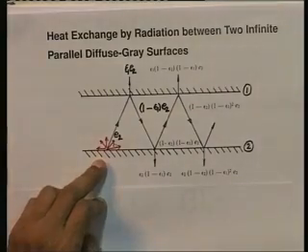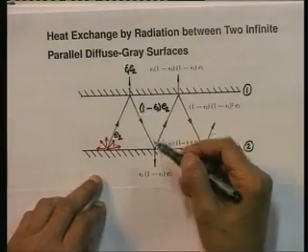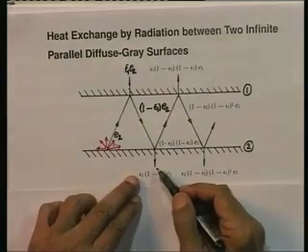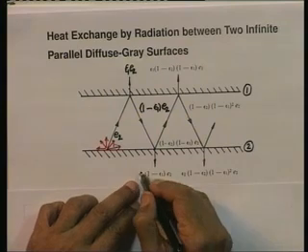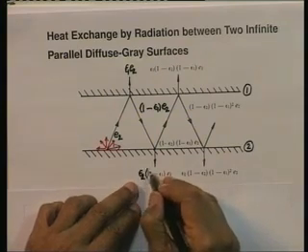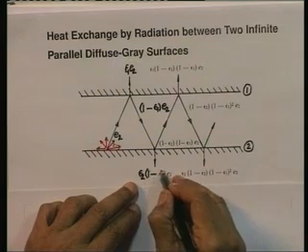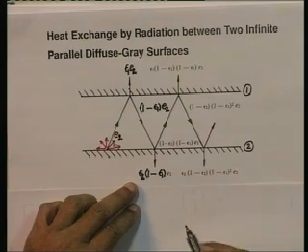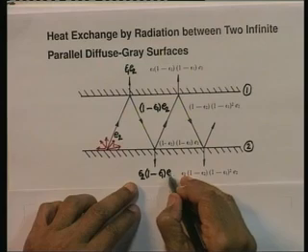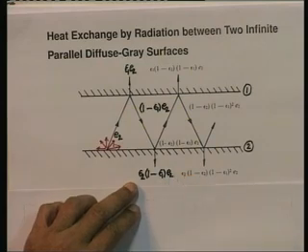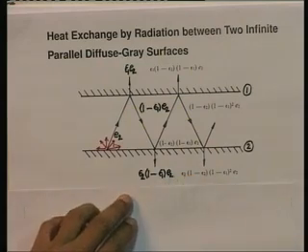Again, out of this reflected amount, a certain amount will come back and get absorbed in the surface 2. What will that be? That will be epsilon 2 into 1 minus epsilon 1 E2. That is the quantity that will come back to the surface 2 and be absorbed by it.